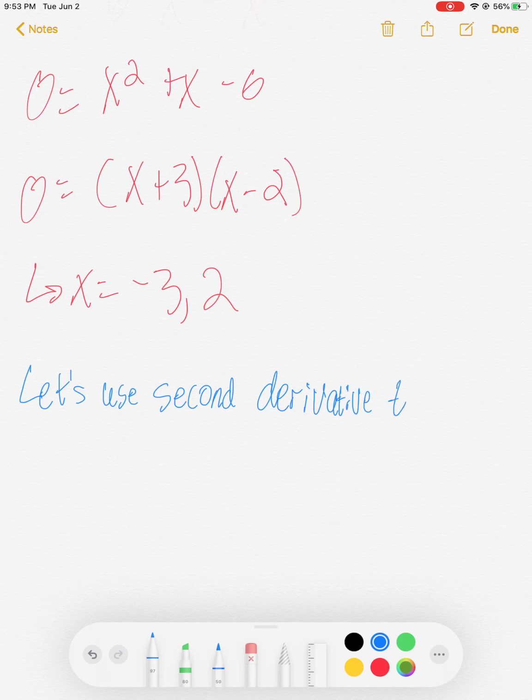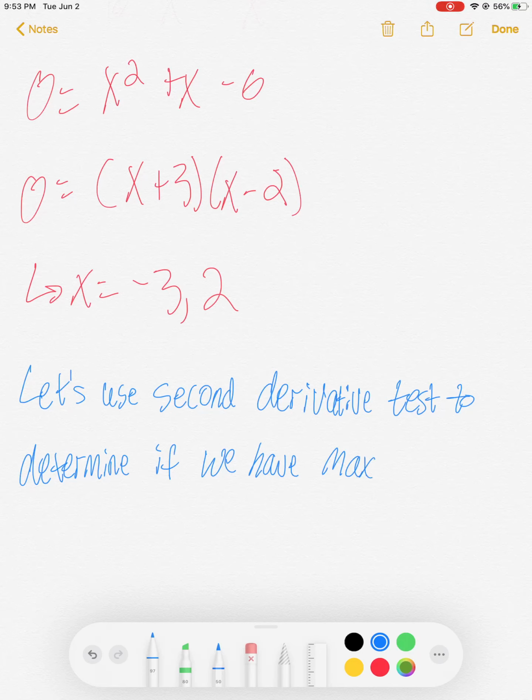So now I'm going to use the second derivative test to determine if we have a max or min at these critical points.